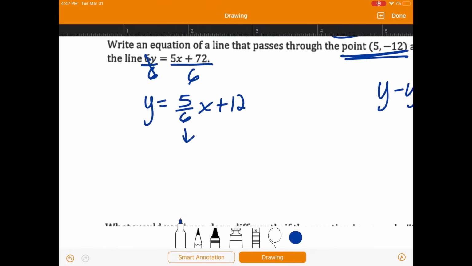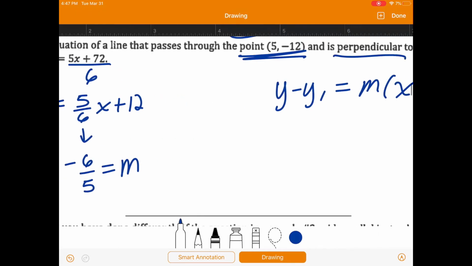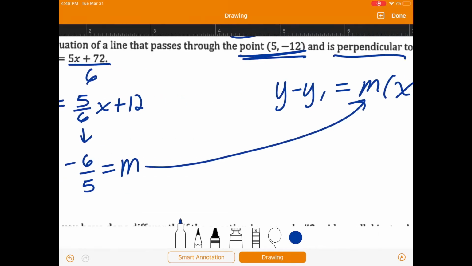And we want the negative reciprocal of that because we want something that's perpendicular. So the reciprocal means we're going to flip it. And now we have 6 over 5. And we're going to change the sign to make it the negative reciprocal because we want something that's perpendicular. So this is going to be m in this equation.